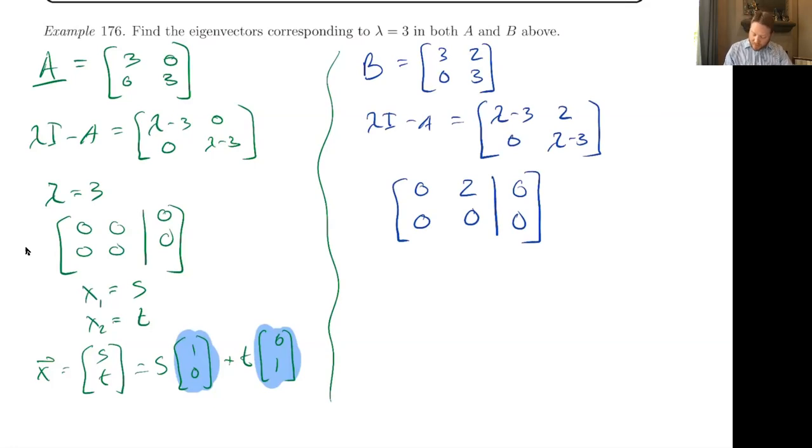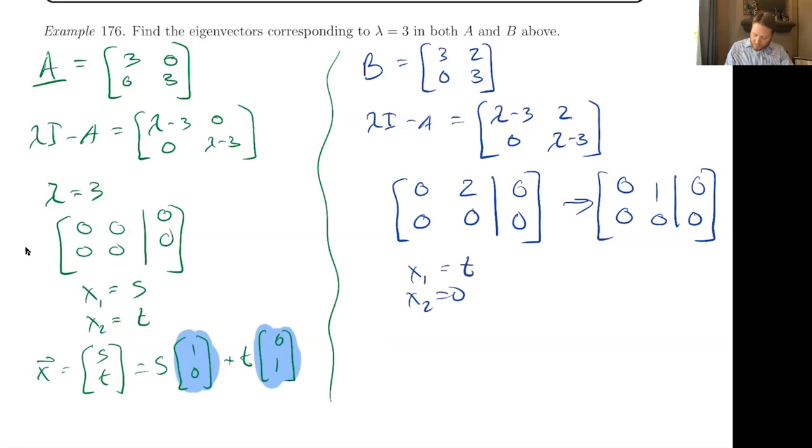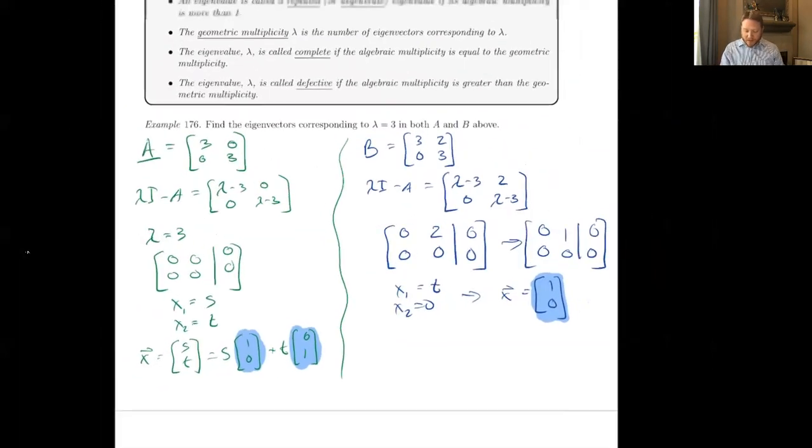Only one of them is free. This row reduces very easily. So this tells me that x2 is 0 and x1 is free. And so we did this in a previous example. This gives me the eigenvector of (1, 0). Okay, pick your favorite t. My favorite t is 1. And so you can see that in this case, I only get one eigenvector. And so that's what I mean in all these definitions here.